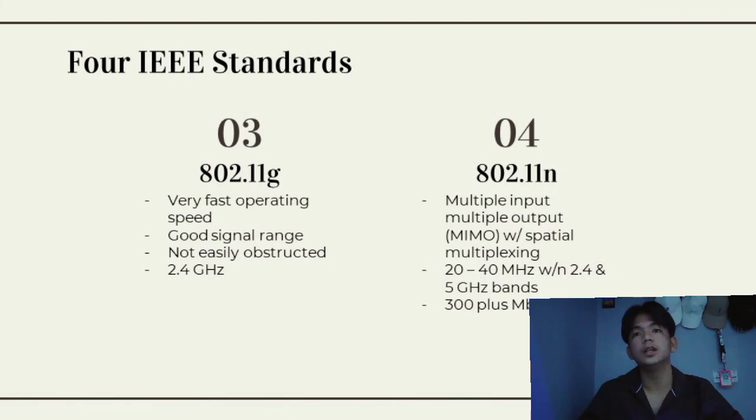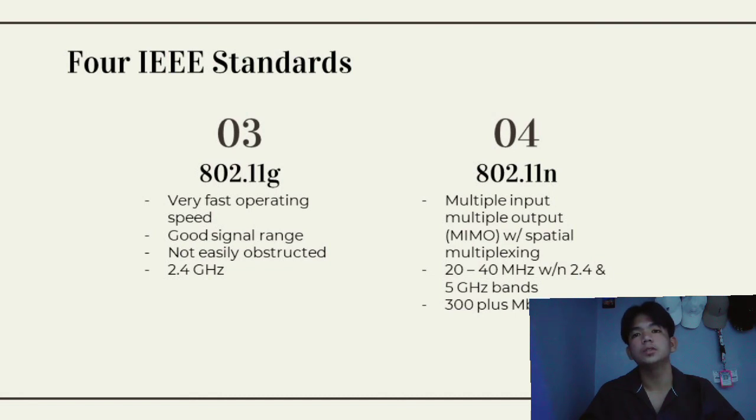On the other hand, 802.11n uses a technology called multiple input multiple output, or MIMO, with spatial multiplexing. Multiple frames can be aggregated together in one transmission.